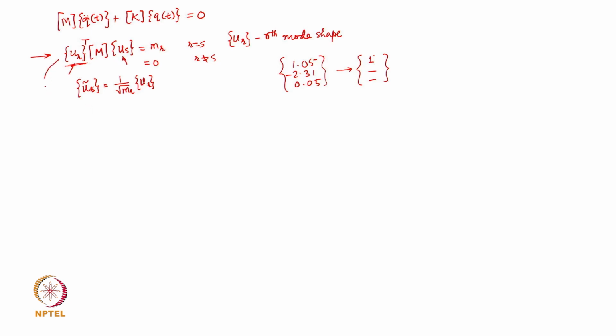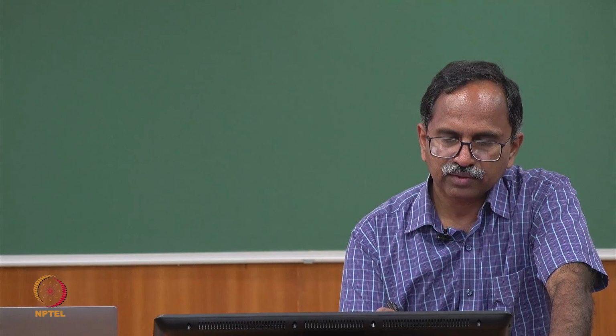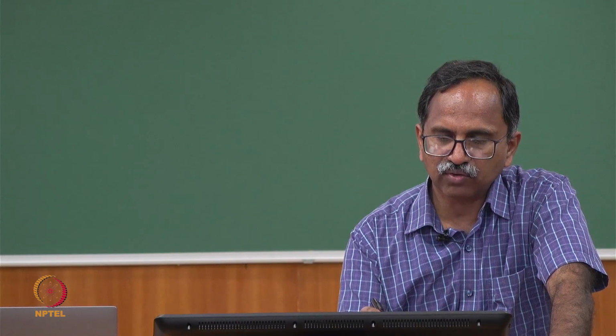So, now I can use the same equation in the normalized modal vectors, and the normalized modal vector is represented by a tilde on top of u. So, this is ur tilde transpose times mass matrix times us tilde is going to be equal to 1, of course.